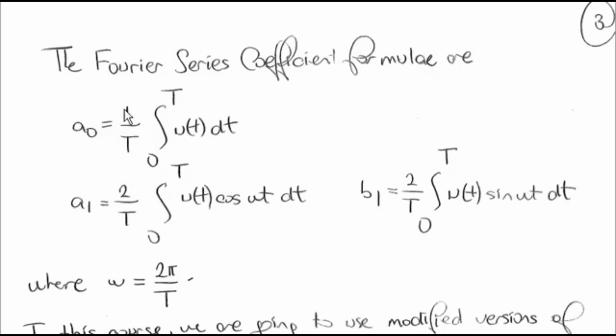Therefore, these coefficients in front of the integrals are actually different, and there is a scaling 1 to 2 difference between these two. Here, this T is the period of the function, and the frequency omega is given as 2 pi over T. So these formulas are good here, but we are going to need just simpler ones.